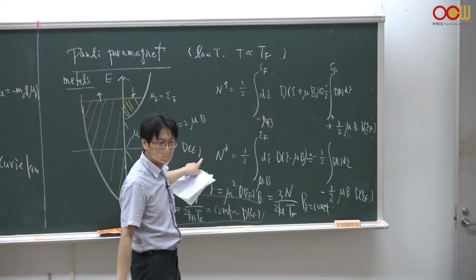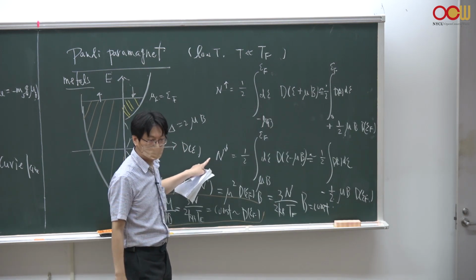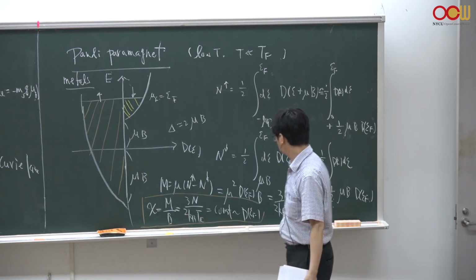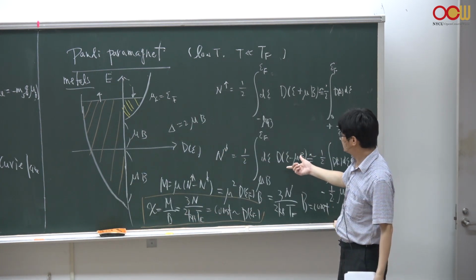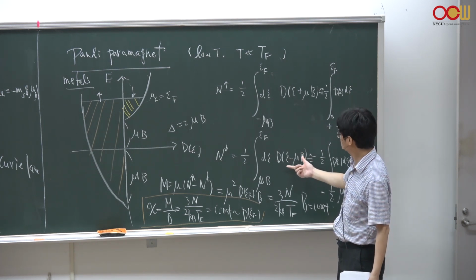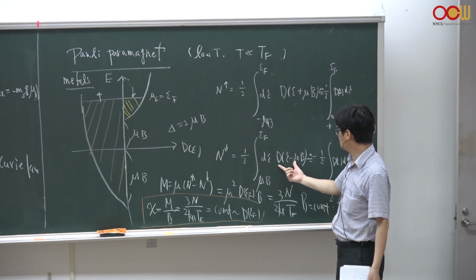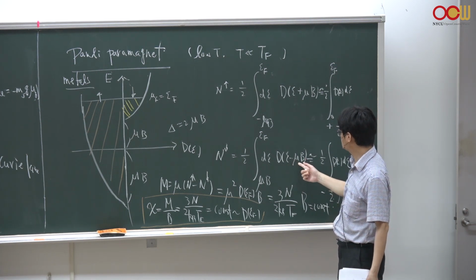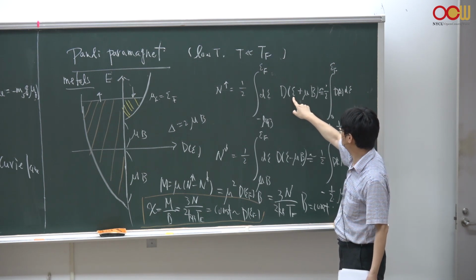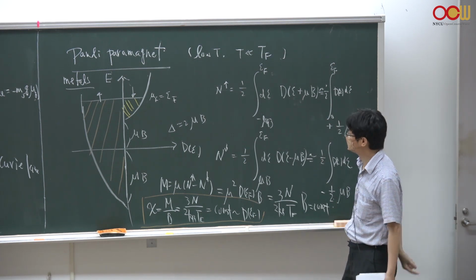And likewise, you could estimate the number of spin down electrons in the same way, but now you should shift your band in the opposite direction, right? So this is the density of states as a function of epsilon minus mu B, whereas in the spin up case, this is the density of states as a function of epsilon plus mu B.